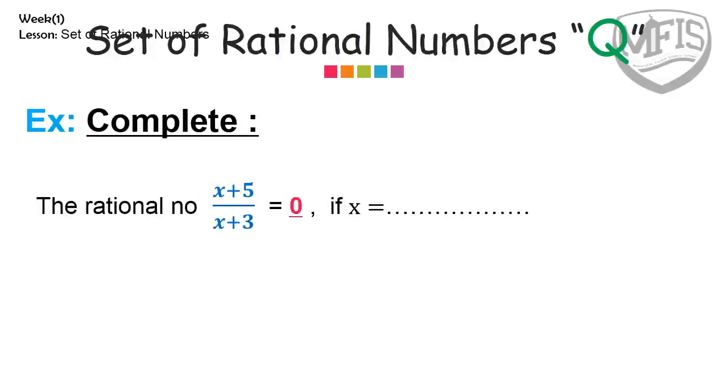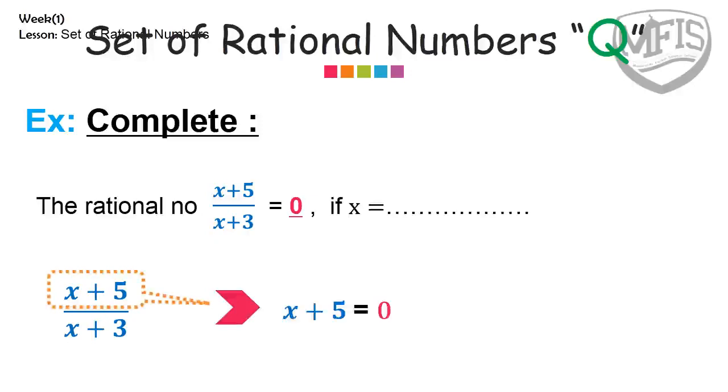If all this fraction equals 0, it means the x plus 5 will be equal to 0 to let the whole fraction equal 0. So x plus 5 equals 0, which gives x equals negative 5.